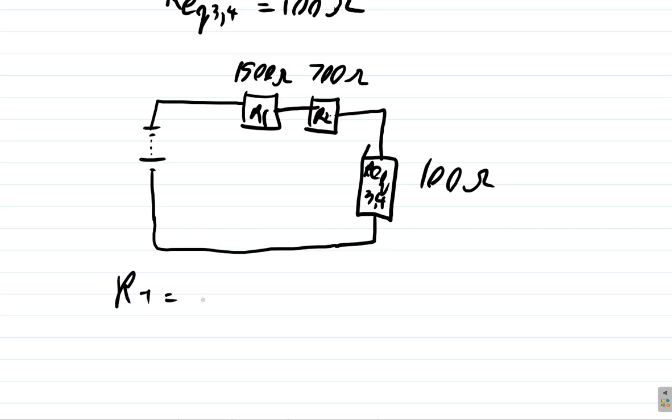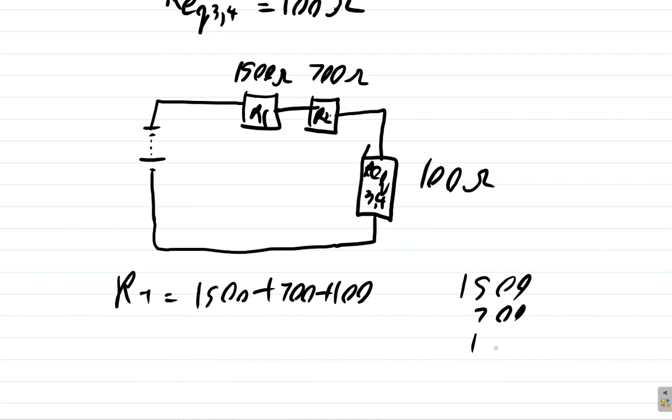So you can just go directly to RT, total resistance. Remember, they are in series, so you just add them: 1500 plus 700 plus 100. 0 plus 0 plus 0 is 0. 0 plus 0 plus 0 is 0. 7 and 1 is 8. 8 and 5 is 13.